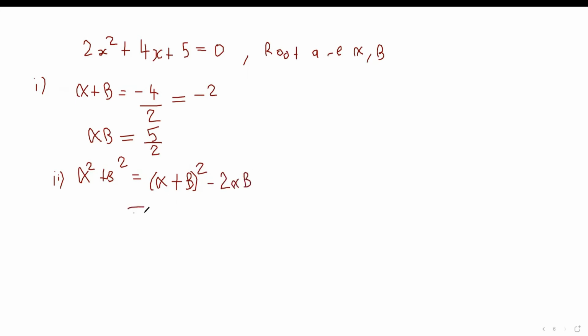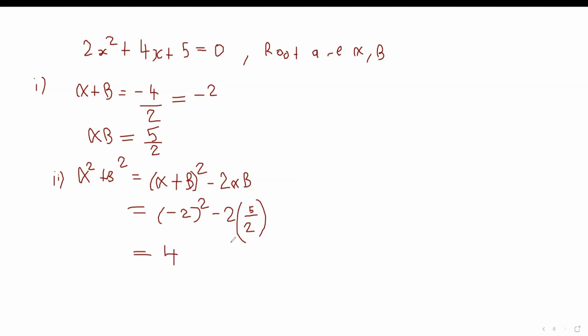So this works out to be alpha plus beta all square, that's negative 2 all square. Then we minus 2 alpha beta, which is minus 2 times 5 over 2. Minus 2 squared is 4.